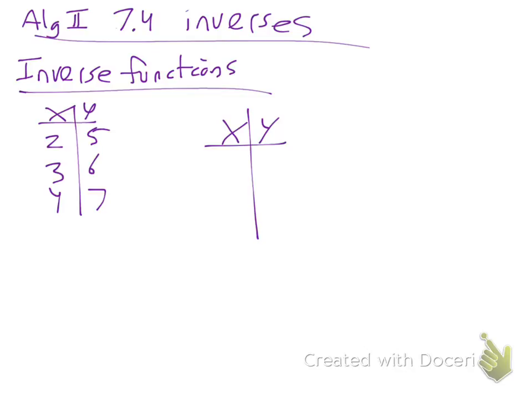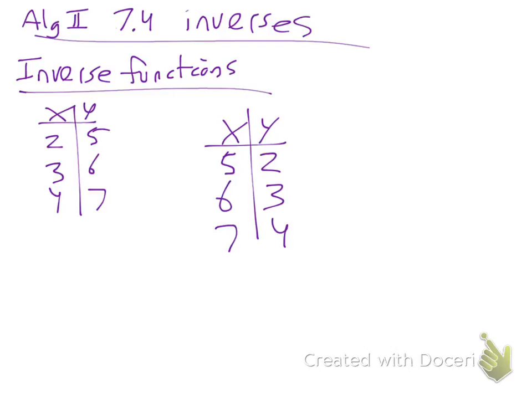Basically, every input is now the output, and the output is now the input. Follow? You picking up what I'm putting down on that? Basically, it says I'm going to switch x and y. So now it's 5, 2, 6, 3, 7, 4.